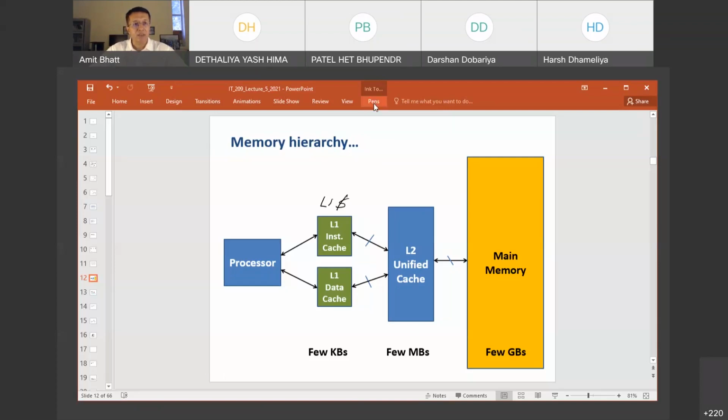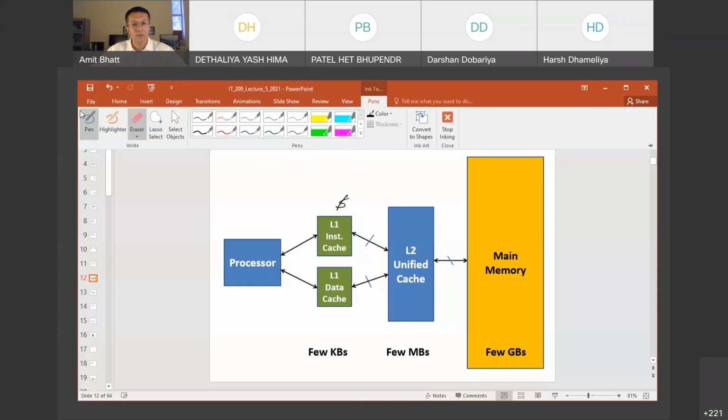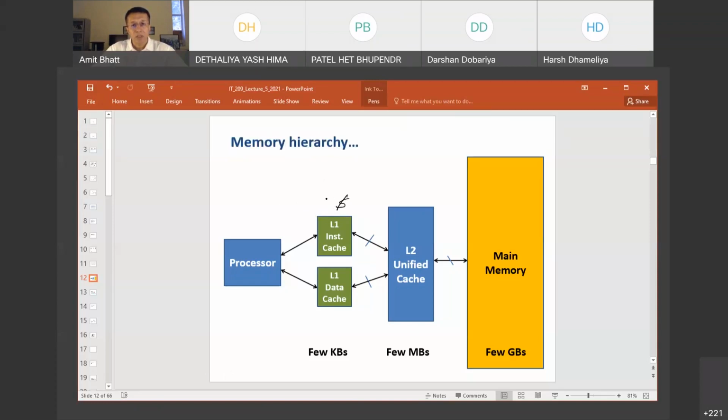Better to write it as instruction cache, and this is L1 for both, and this is the data cache. Once again, I told you the $ means cache, so people like to write it in short for cache as $.